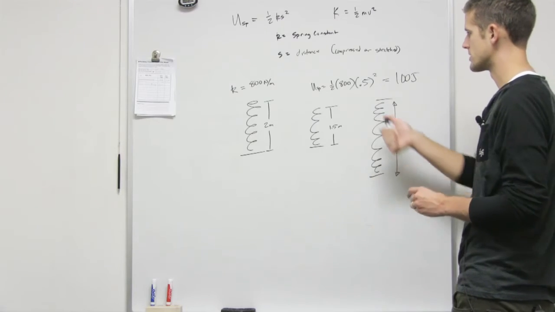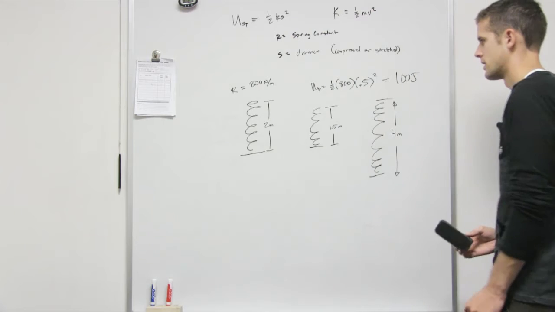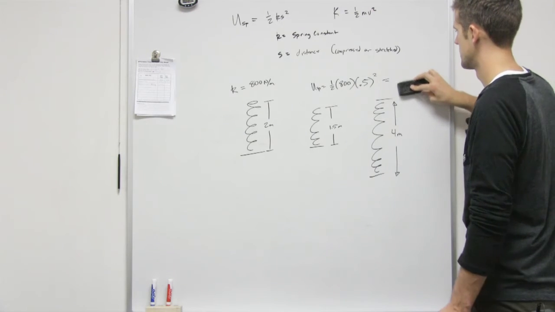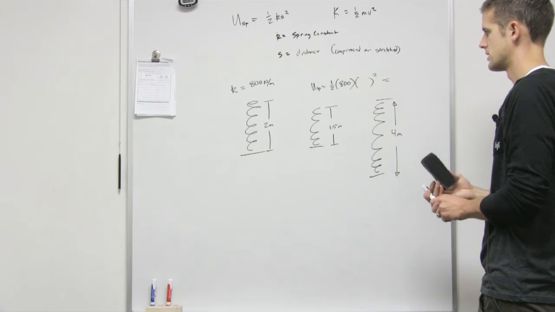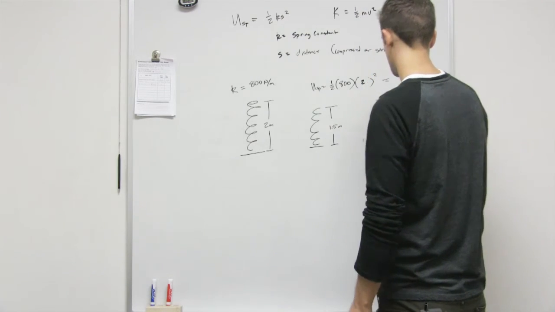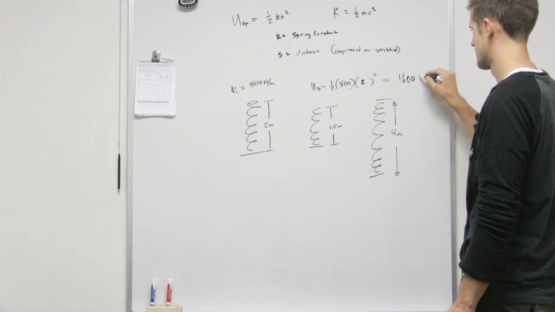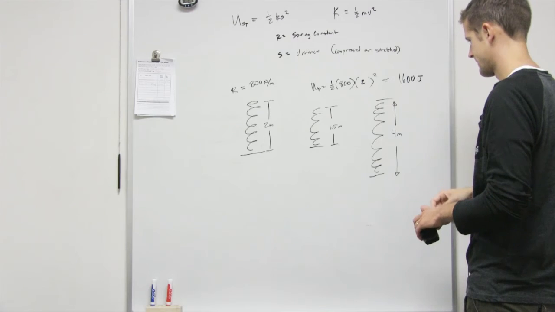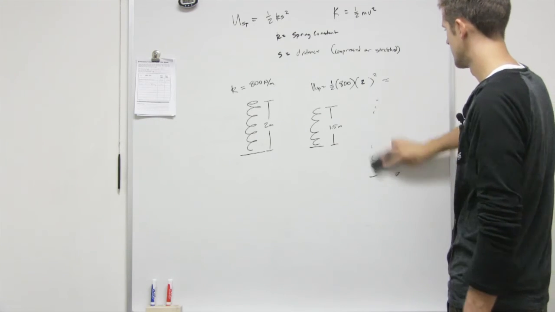How would that change your equation up here? It'd be 2, so 0.5. Right. That's 1600. It makes a pretty big difference how long you stretch it or compress it.